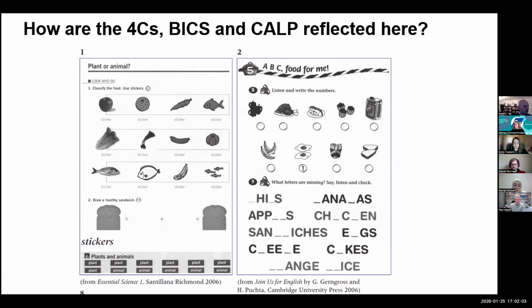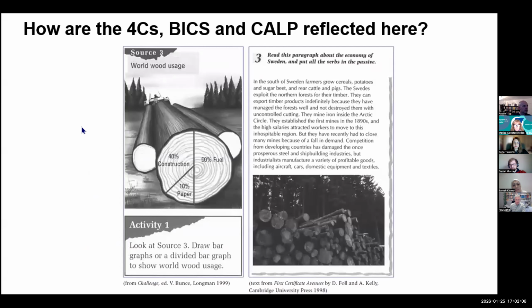Okay, how about here, something a little bit different? I like the idea that it's converting one type of information into another.